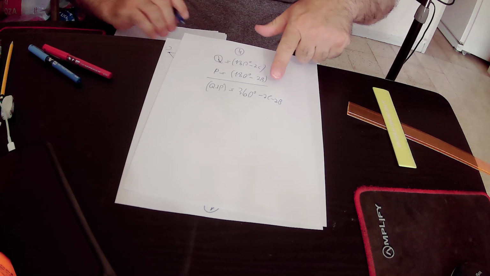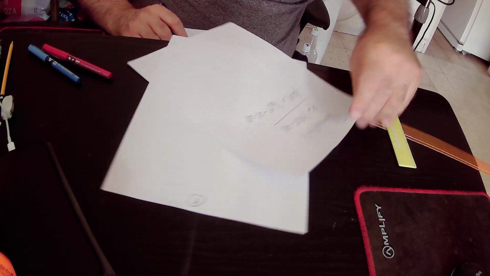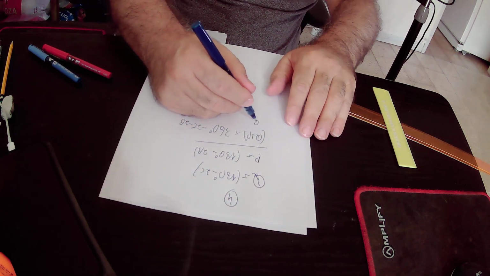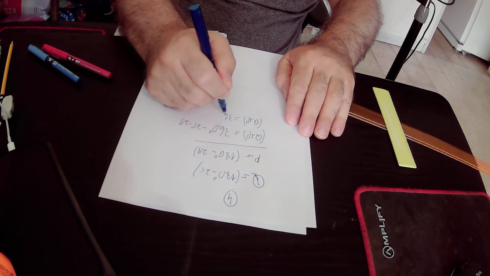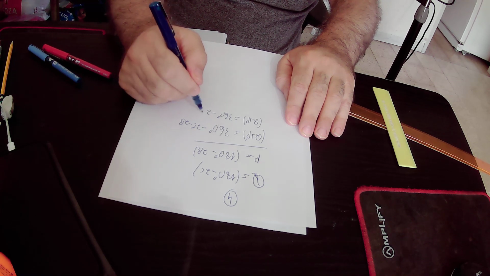Here we'll take minus 2 as a common factor of this expression, and we will get that Q plus P equals 360 degrees minus 2 times, in the brackets, B plus C.